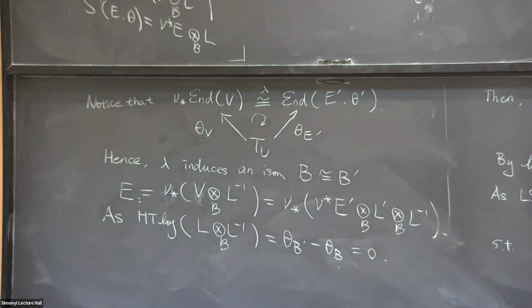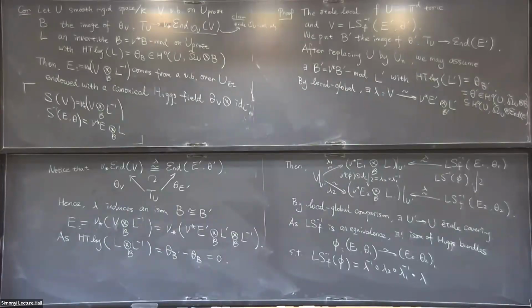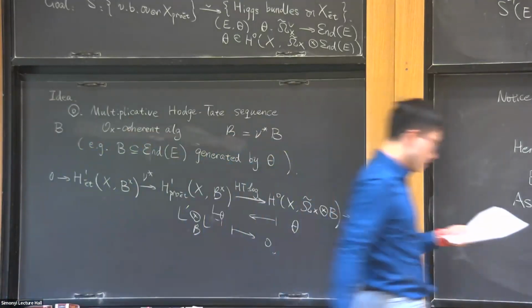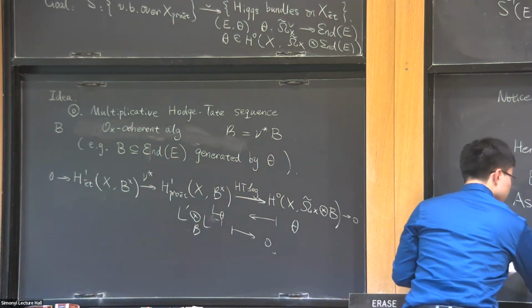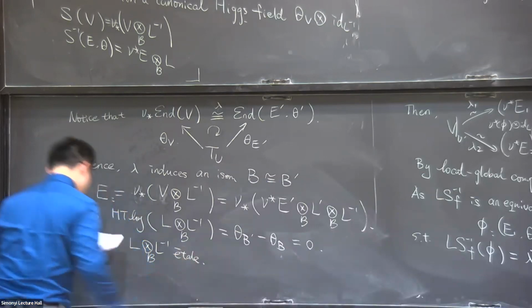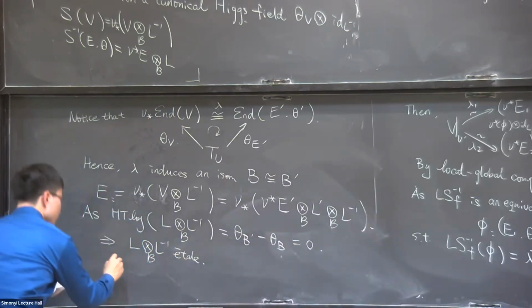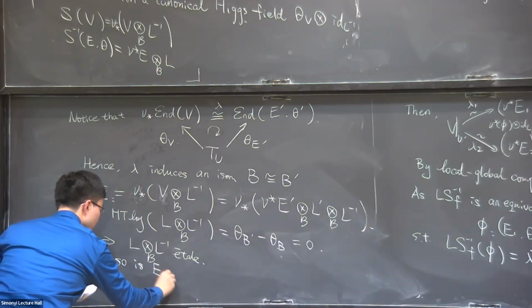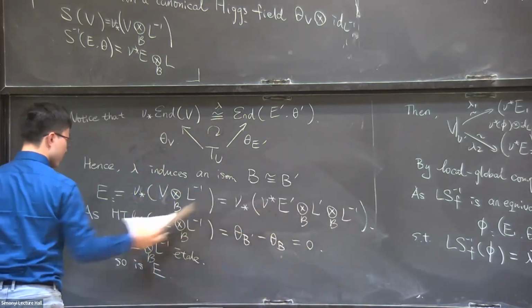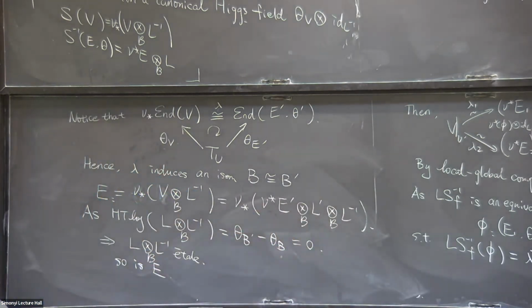And then finally, by our multiplicative Hodge-Tate sequence, if you have a bundle here whose image is 0, then it comes from an adelic bundle. So this is an adelic bundle, and so is E. Because E is just that. If they are coming from adelic things, then this is also an adelic vector bundle. So this proves the theorem.